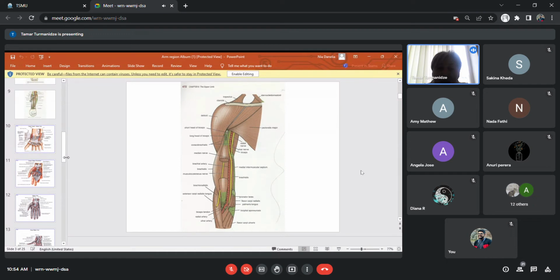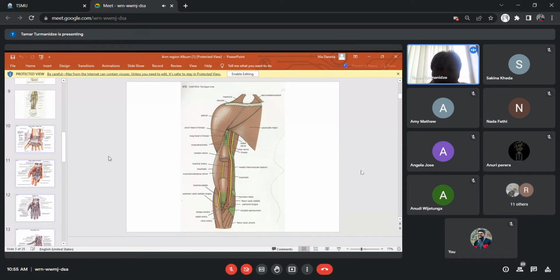Deep fascia gives off two intermuscular septa to the humerus, which with deep fascia divides the arm region into two compartments: anterior flexor compartment and posterior extensor compartment. So the anterior compartment of the arm includes flexor muscles, the posterior compartment of the arm includes extensor muscle.